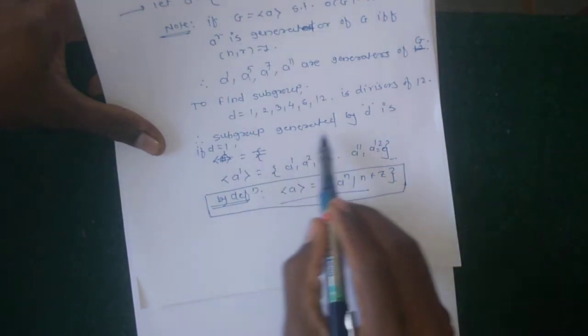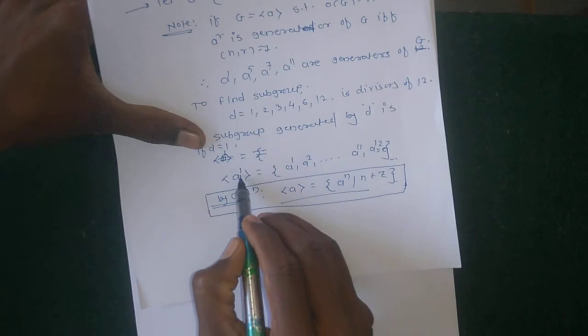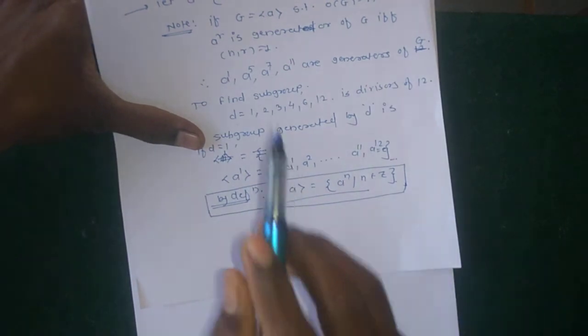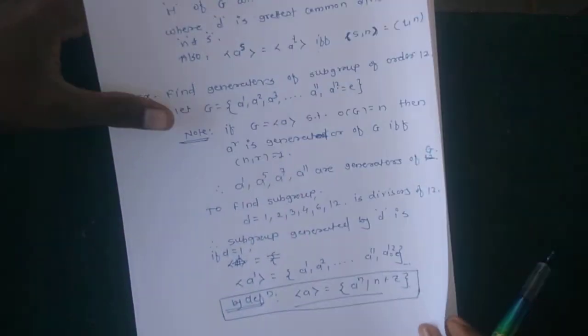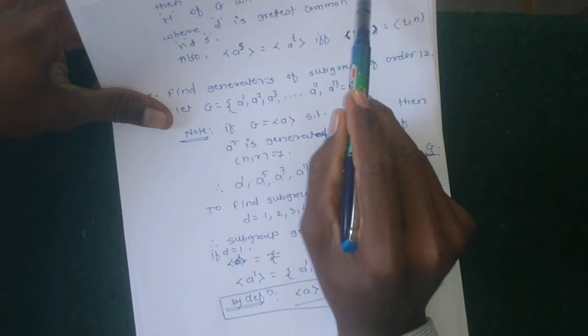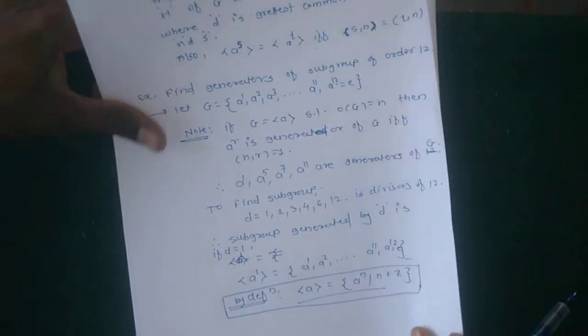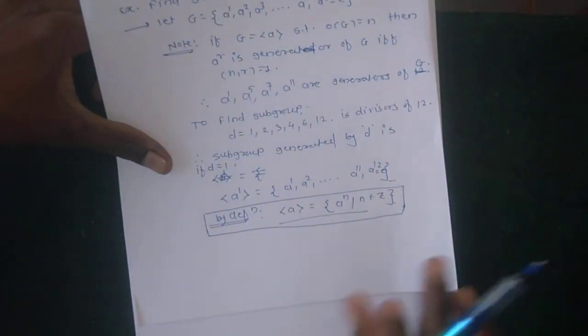To find the subgroup generated by d: if d equals 1, then it is generated by a^1. For an element b equal to a^s, d is the GCD of n and s. Here 1 and 12 have GCD 1.